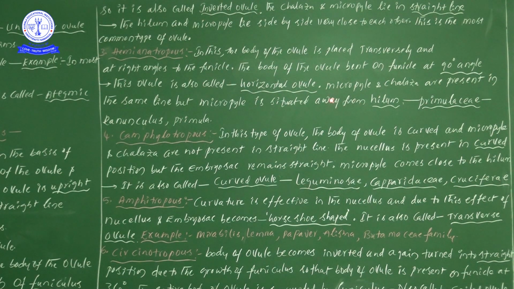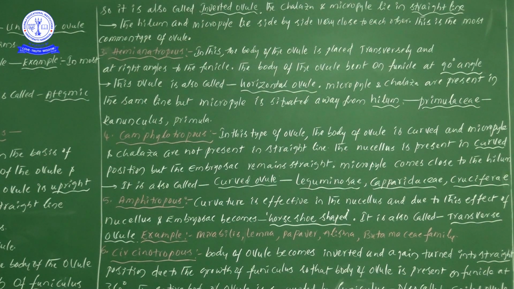Next one, micropyle and chalazal region are present in the same line, but the micropyle is situated away from the hilum. This information we have already discussed. Next one, amphitropous ovule. In this type of ovule, the body of the ovule is curved, and the micropylar and chalazal regions are not present in one straight line.